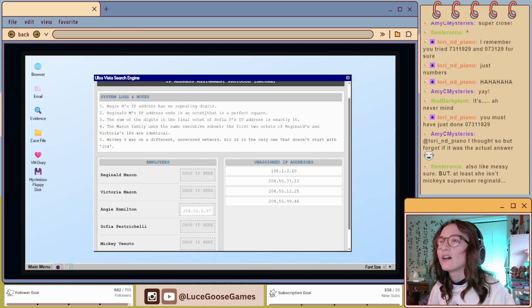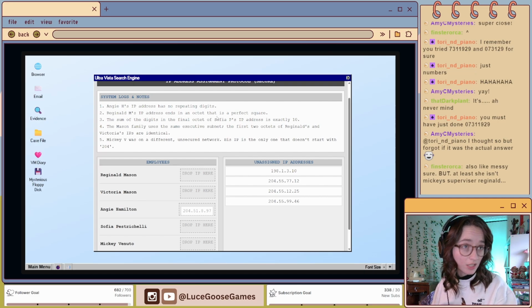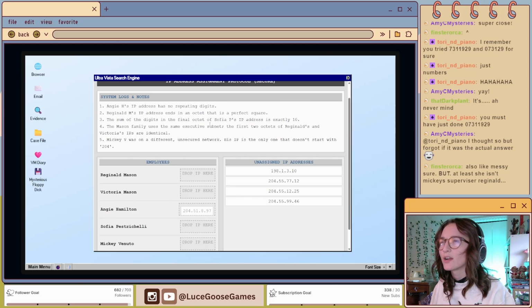Reginald's ends in an octet that is a perfect square. What the freak is an octet? We'll discuss that later. The sum of the digits in the final octet, is that just like the last set of numbers, is exactly 10. The sum of the digits. Okay, so this. Yeah, okay, never mind. And that's Sophia's.